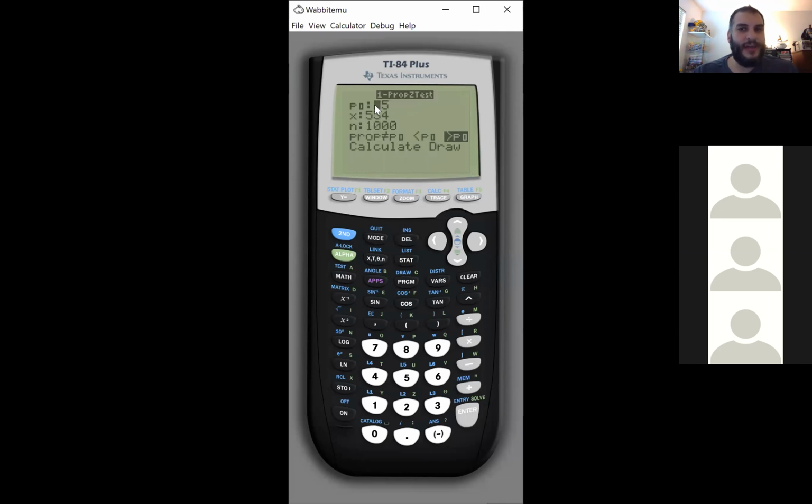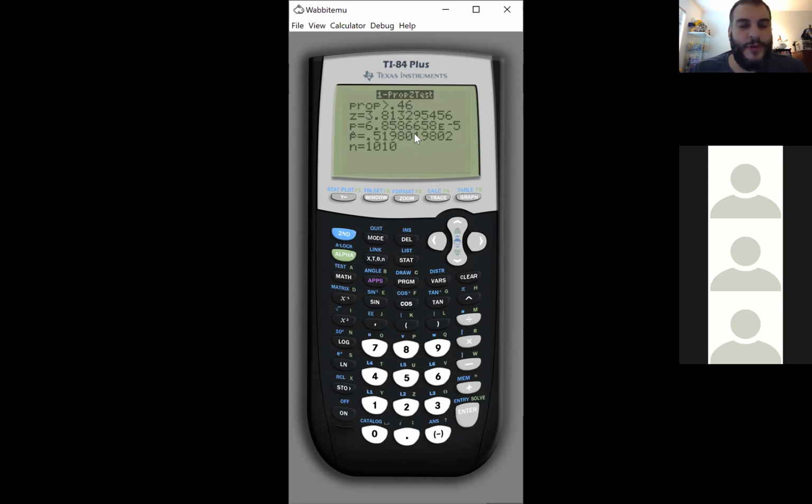I have to change it to 0.46. My X is 525. And this one is 1010. Then make sure that you put greater than, and you go to calculate.